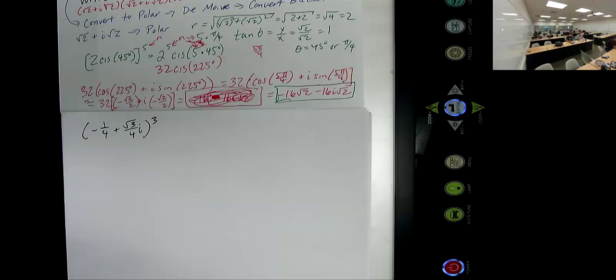Do you make it 0, or does it matter? Cosine and sine are periodic on 360 degrees, so it doesn't really matter which one you use. After you've done the cosine and the sine, you're gonna get the same answer. Oh, I want 0, so it doesn't matter.